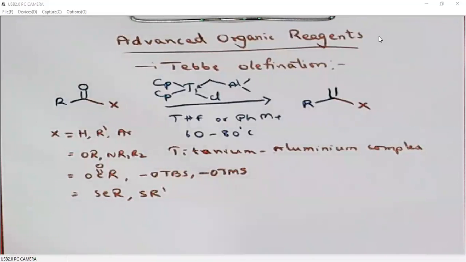So that means a variety of carbonyl compounds can be converted to alkene using Tebbe reagent.